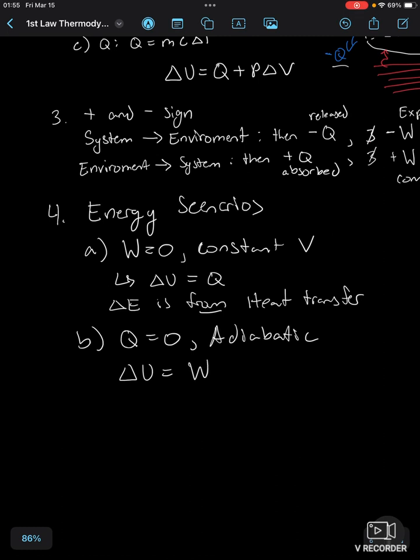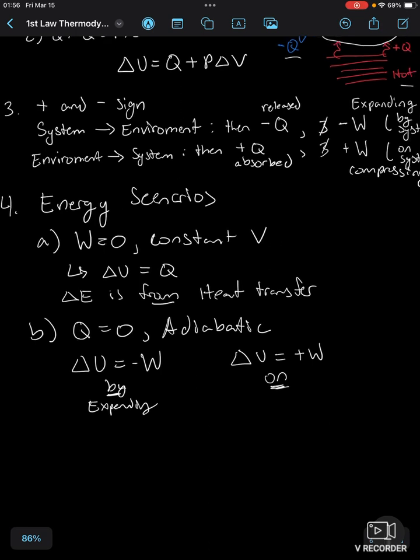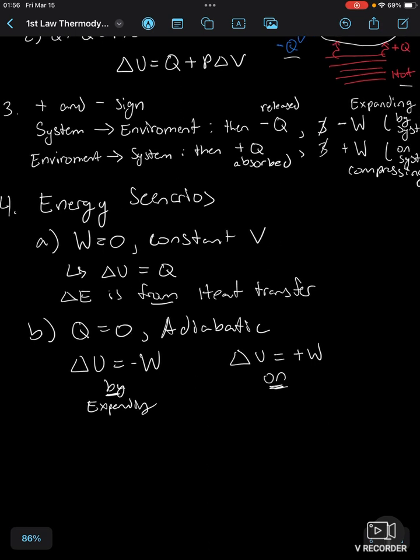Now, remember, for work done by the system, this is expanding. While for this one right here, this is done on the system, so it is compressing.